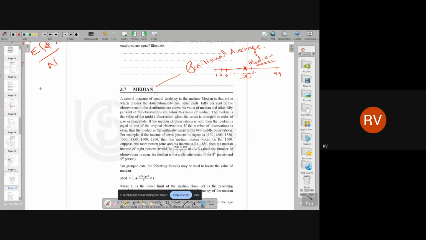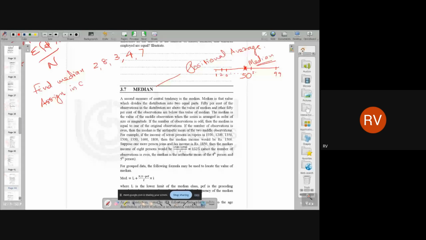For example, find the median of 2, 8, 3, 4, 7. First arrange in ascending order.